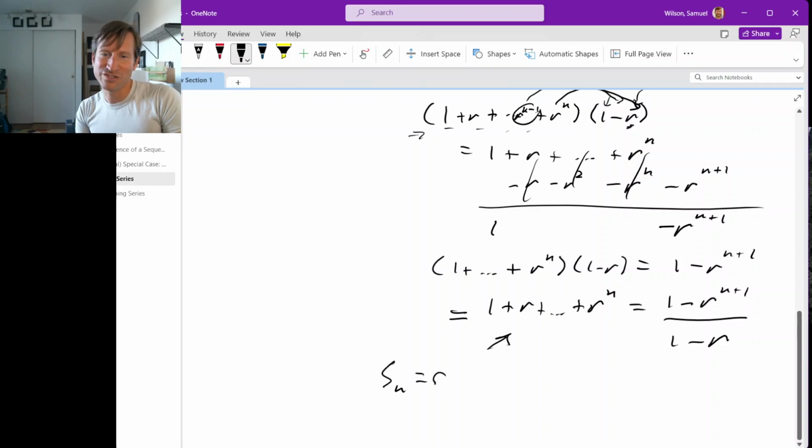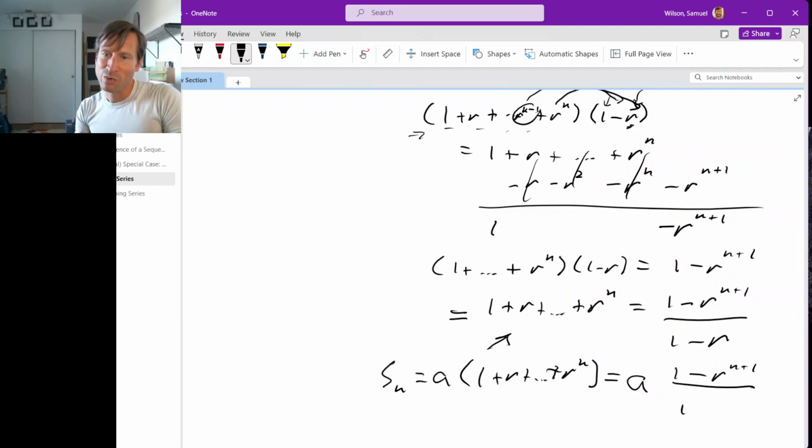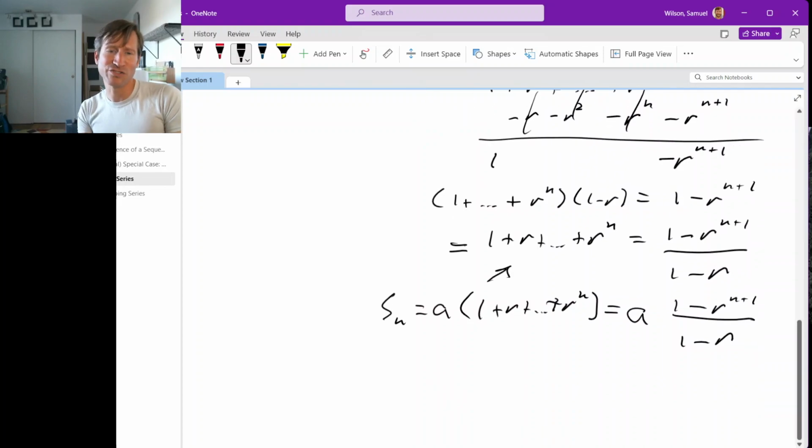Our nth partial sum is a times 1 plus r plus and so on down to r to the n. And so this is equal to a times this messy fraction, 1 minus r to the n plus 1 over 1 minus r. Okay, so there's our nth partial sum.